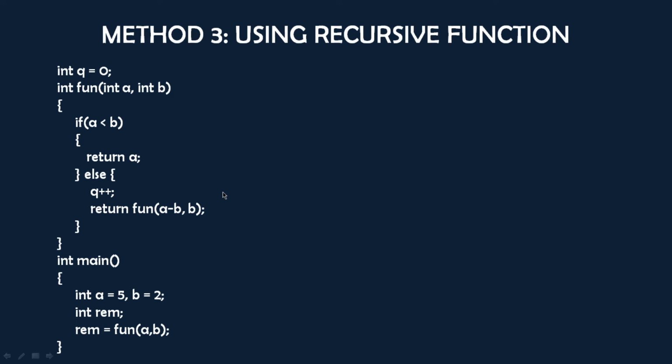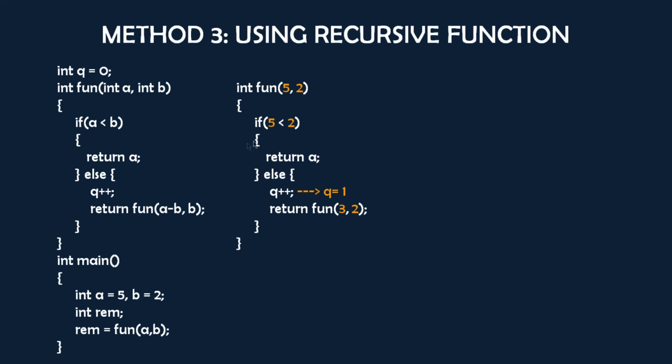After calling our fun function, it will now perform. In our function, we receive our arguments 5 and 2. The value of A is 5, and 2 is in B. So perform the statements inside this function.